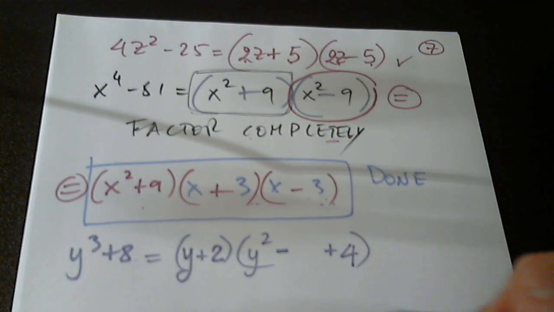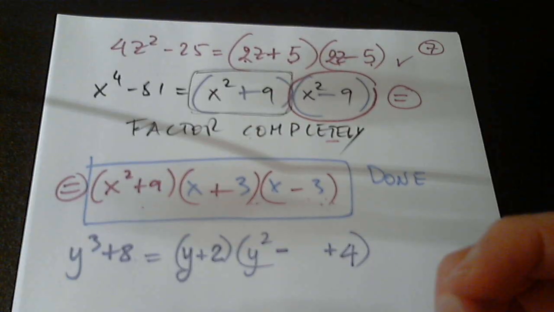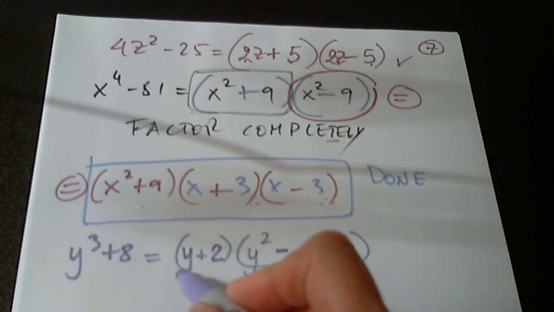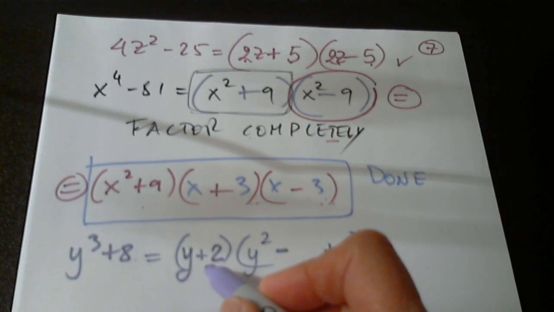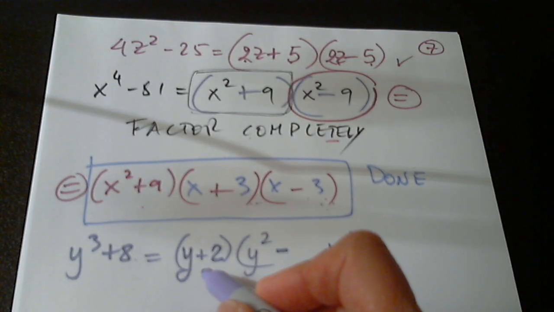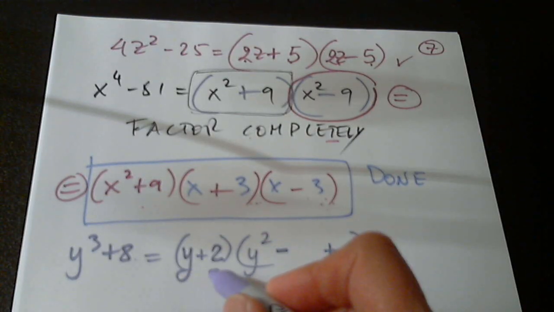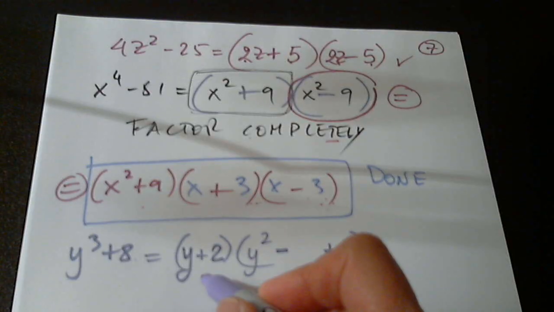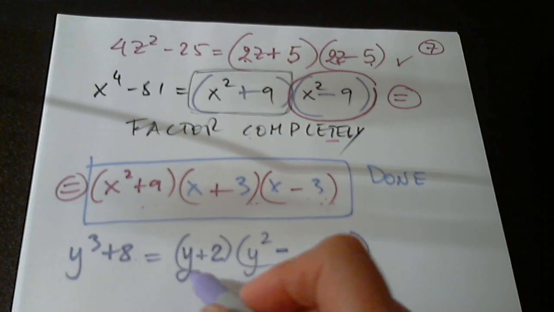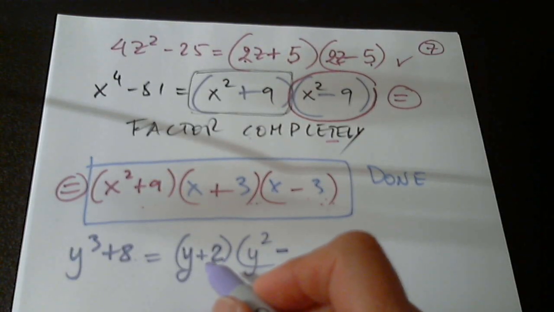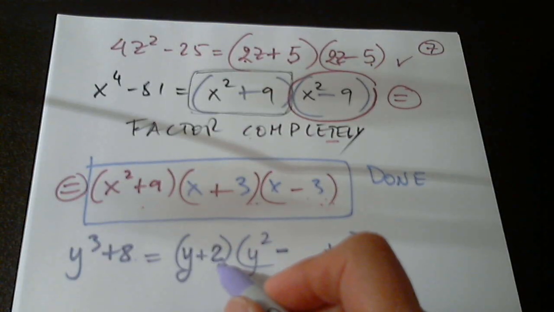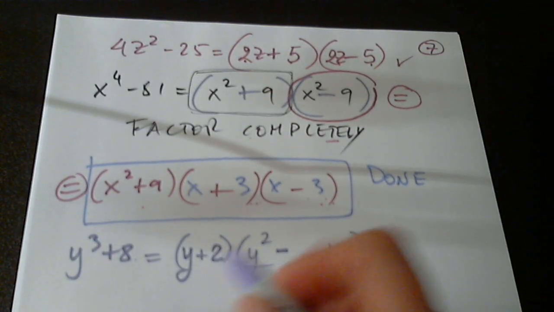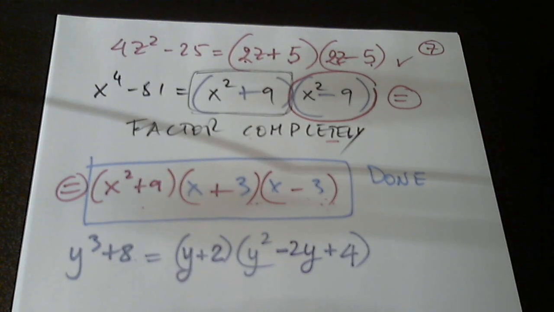Is it y cubed? But when we multiply y by 2, we cannot get y cubed, right? 2y. That's it. Done. This is it.